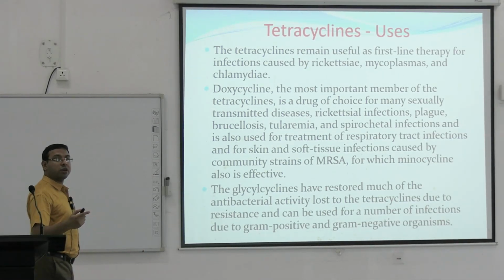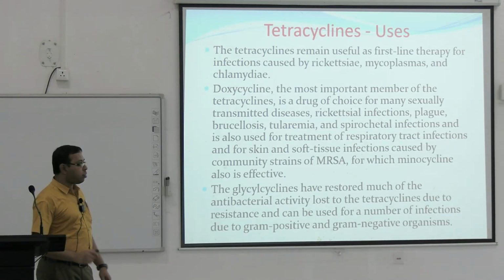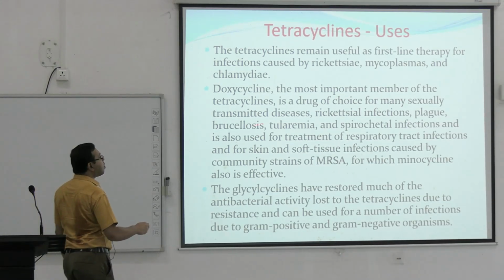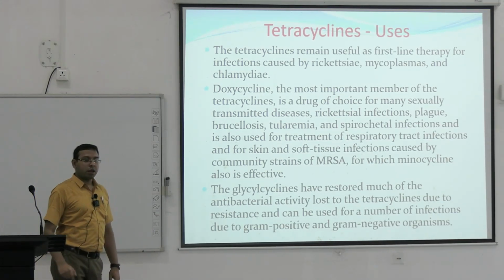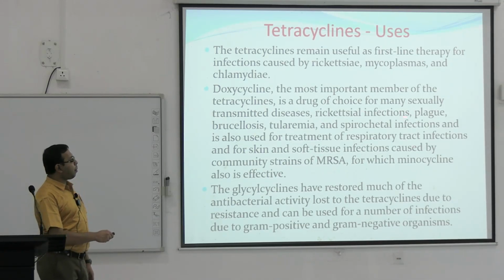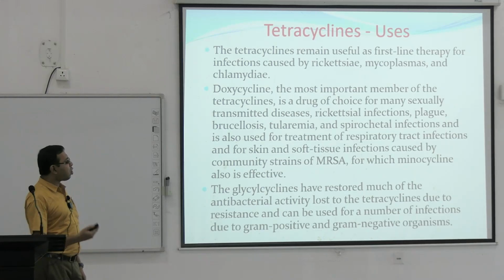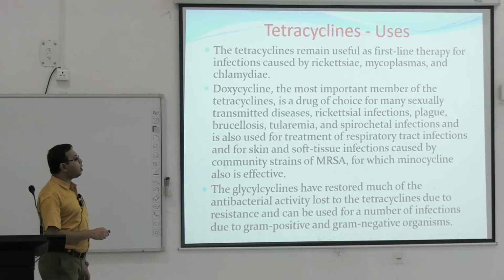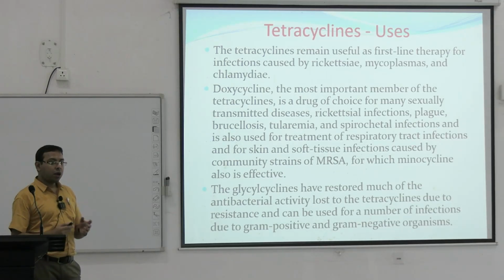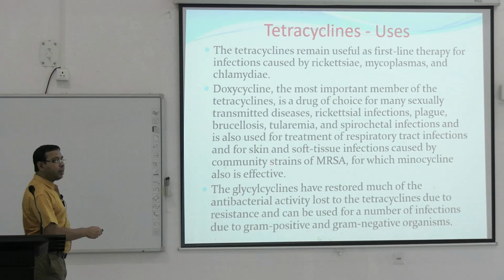That's why it was used empirically during the COVID times. So it's a drug for many sexually transmitted diseases, rickettsial infections, uncommon infections, and severe respiratory tract infections. We can use doxycycline.